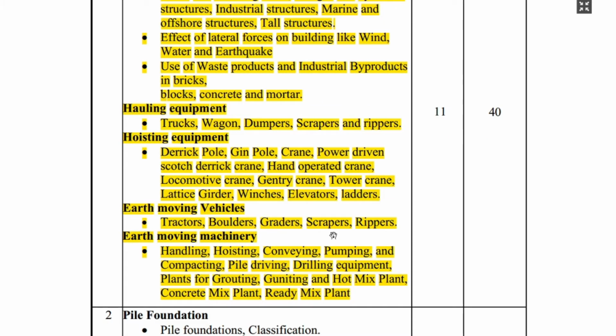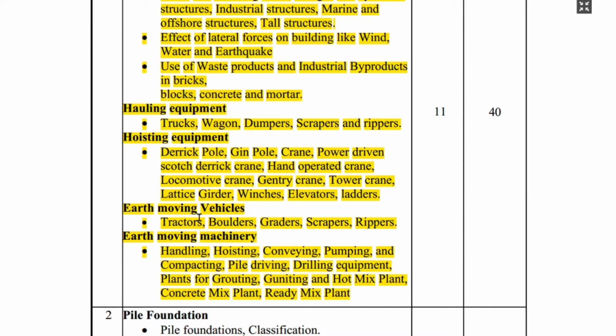Earth moving vehicles. If we want to level the ground, we require earth moving equipment: bulldozers, scrapers, rippers, tractors. So these are the earth moving equipment. Earth moving machineries, hot mix plant, ready mix plant, concrete mix plant, drilling equipment, pile driving, pumping.